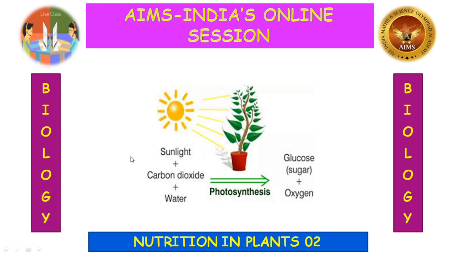The autotrophic nutrition takes place by means of a process called photosynthesis, during which the inorganic substances like carbon dioxide and water, in the presence of sunlight and chlorophyll, undergo the photosynthesis reaction and produce products glucose or starch, and oxygen is released during the process.